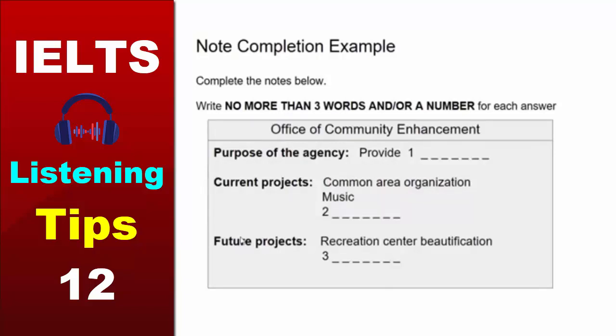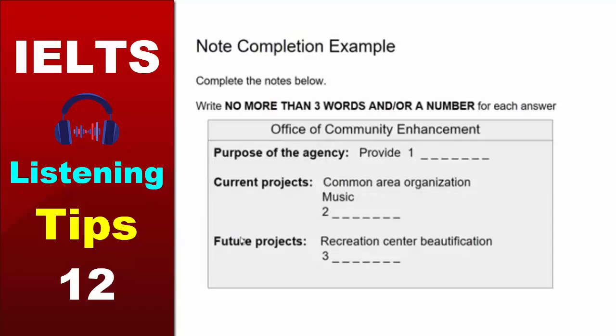So as soon as the speaker starts shifting towards future projects or things they're going to do or planning to do, okay, think through what keywords they might use to describe this. We need to then focus on question number 3. So recreation center beautification, so making the recreation center look nicer in some way.